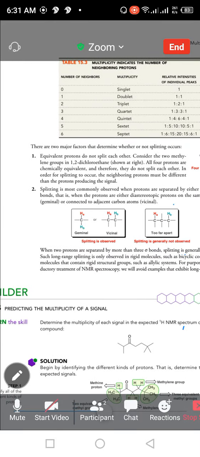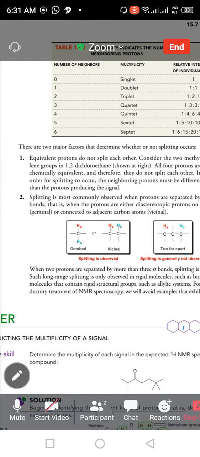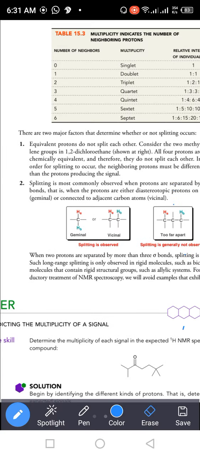Table 15.3 here summarizes the multiplicity and indicates the number of neighboring protons. Multiplicity means how the signal is split. If a proton has zero neighbors, it gives a singlet peak, one peak.